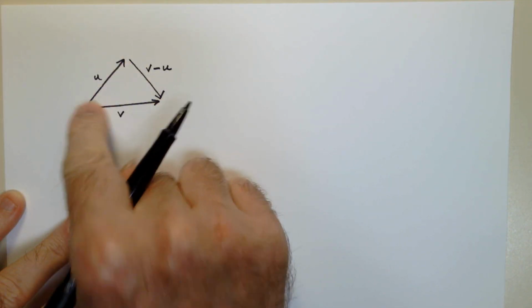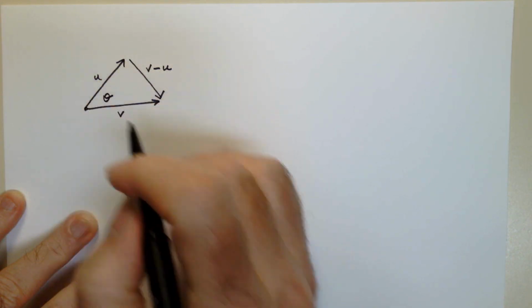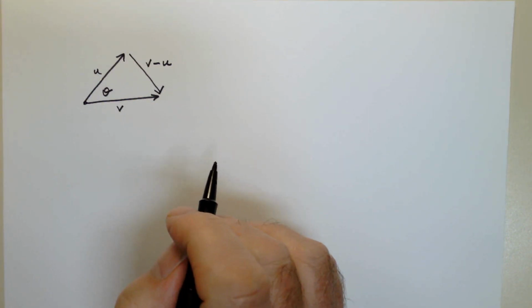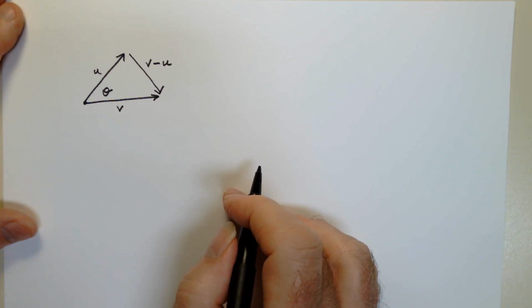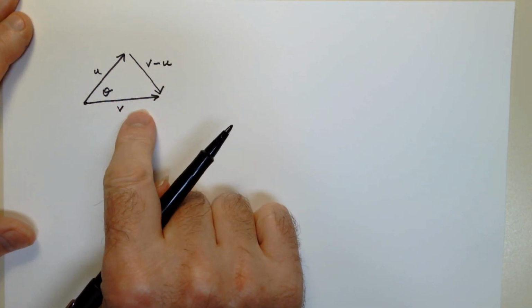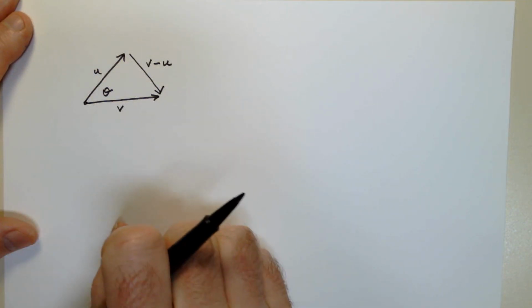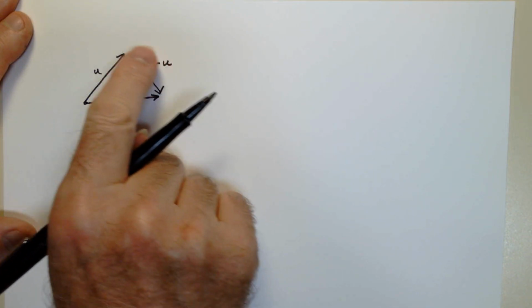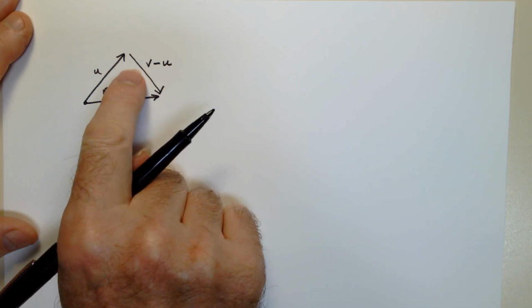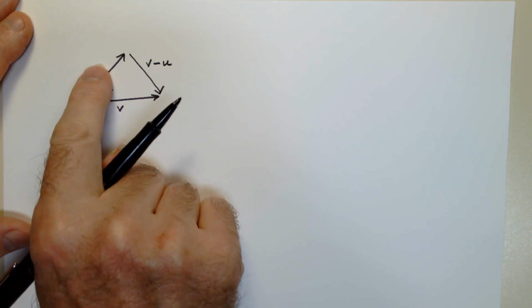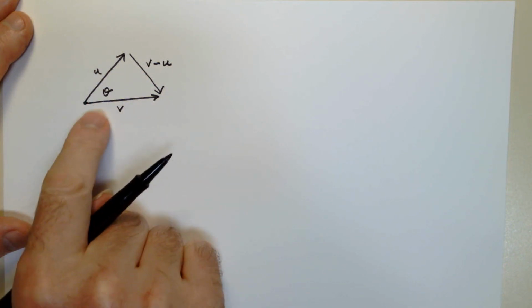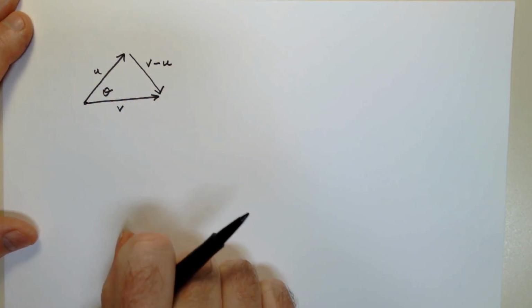This gives us a triangle, and we'll call the angle between the vectors u and v theta. Now, the law of cosines, in some sense, is an extension of the Pythagorean theorem, and it lets us write the square of the length of this side in terms of the squares of the length of these other two sides, and the cosine of the included angle.